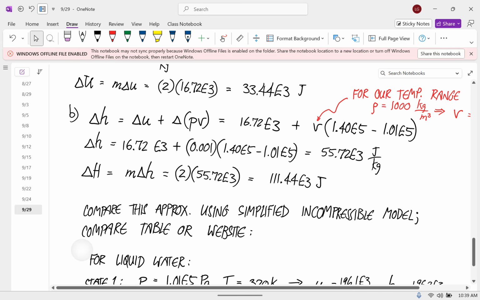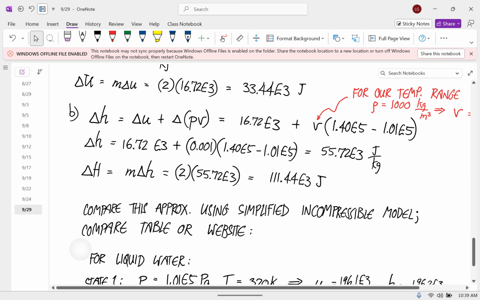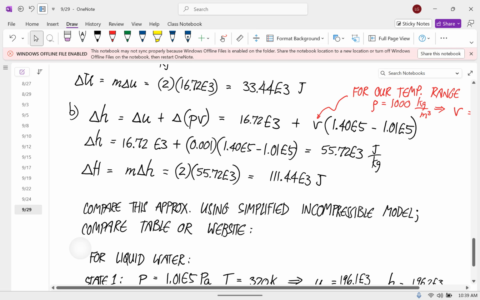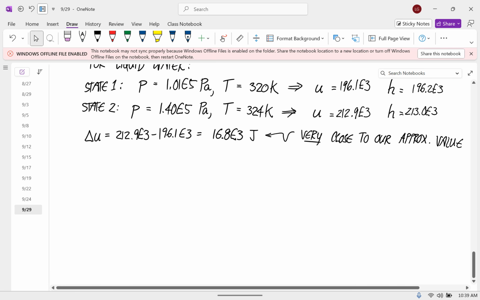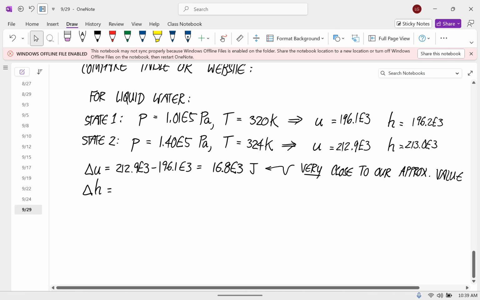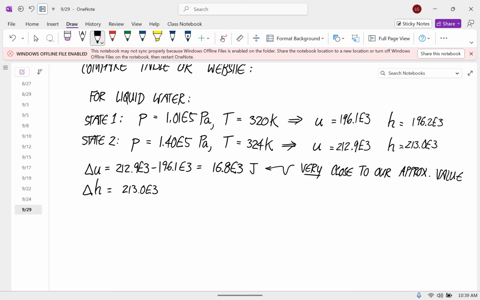And then for the change in specific enthalpy, so we got 213.0 times 10 to the third minus 196.2 times 10 to the third.